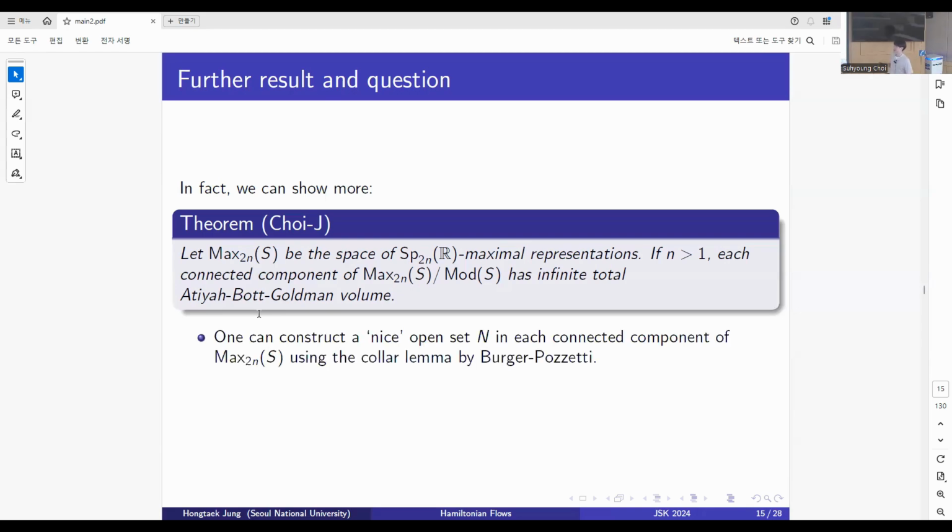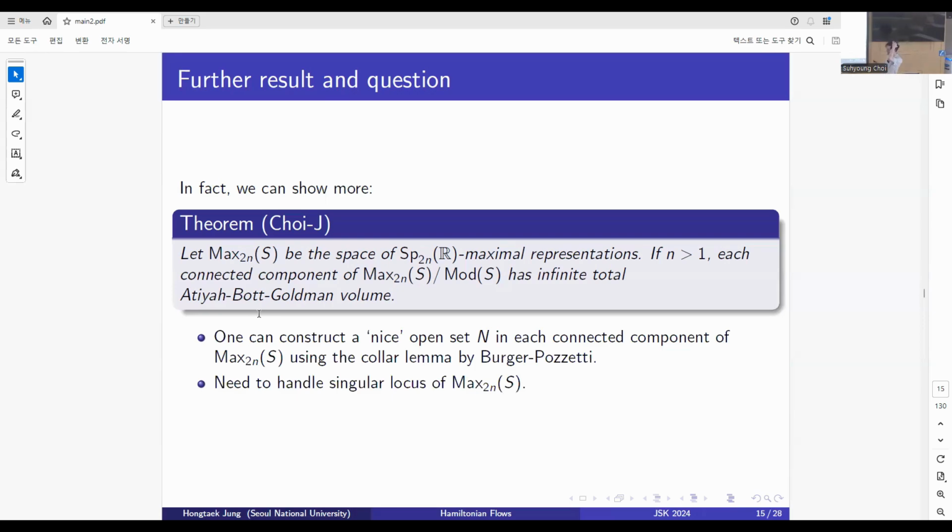And the proof is more or less the same as in the Hitchin case. We just find a nice open set. And when you construct this nice open set, we need to have a Collar lemma. Fortunately, we have a Collar lemma for maximal representations due to Berger and Pozzetti. And using this Collar lemma, we can construct some nice open set.